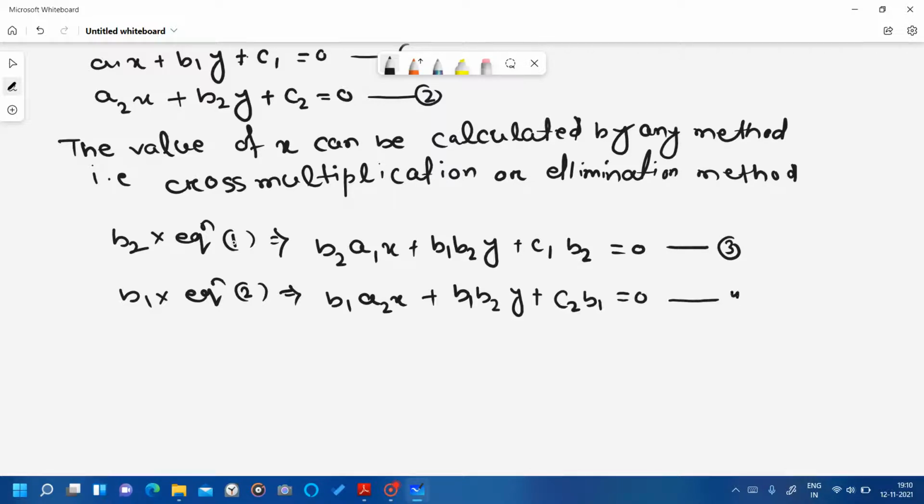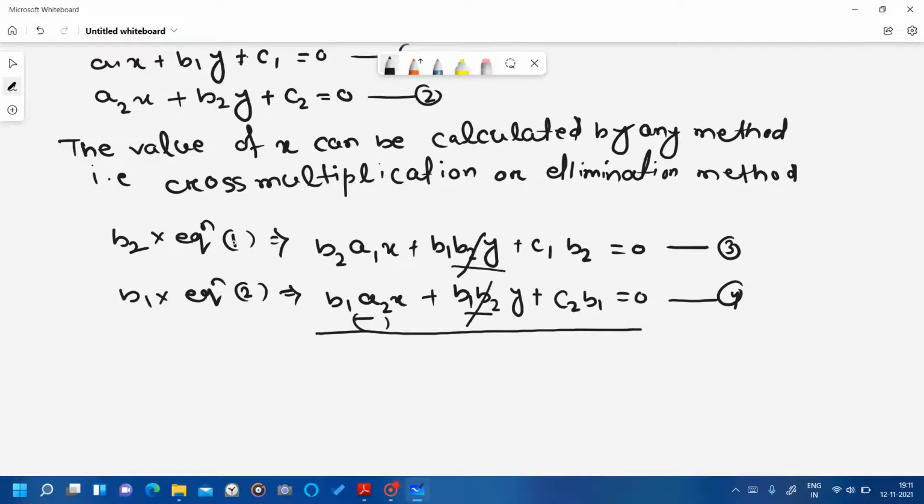Let it be equation 4. Now see, we got two equations. Now let's see these two values, this and this. Both are the same, both will cancel out.